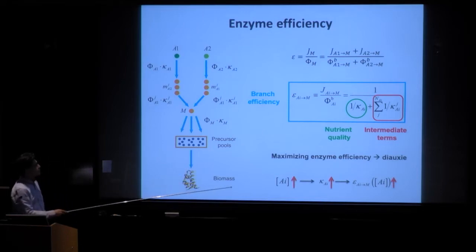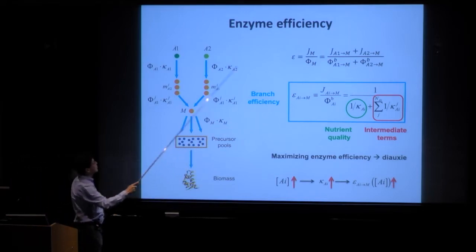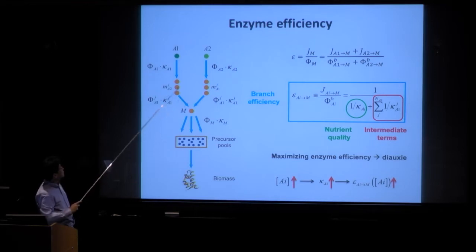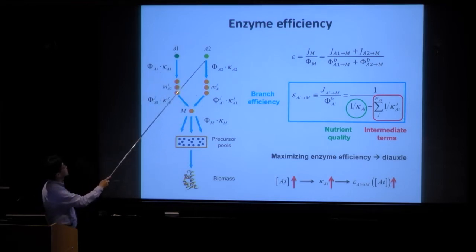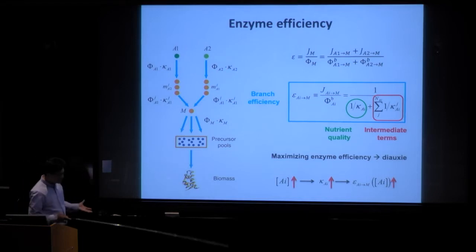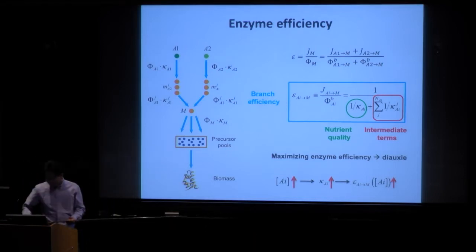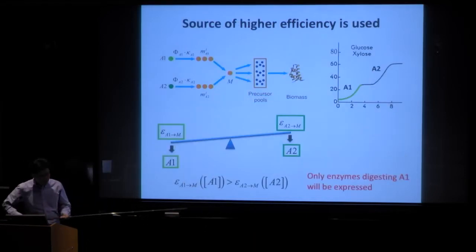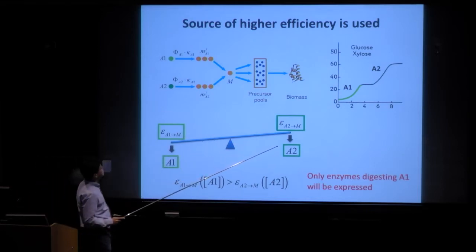Okay, so the efficiency of the pathways depends not only on the pathway itself, but also on the concentration of the carbon sources. It's simply because in Michaelis-Menten's equation, there's a substrate concentration there. Okay, then we can go back to the Monod's problem.